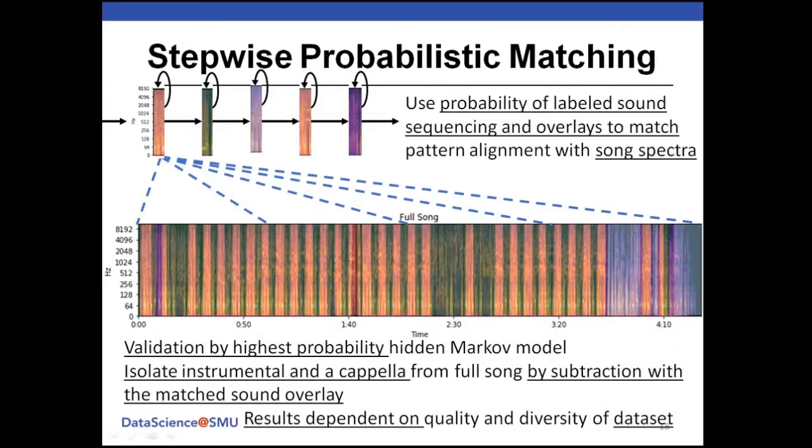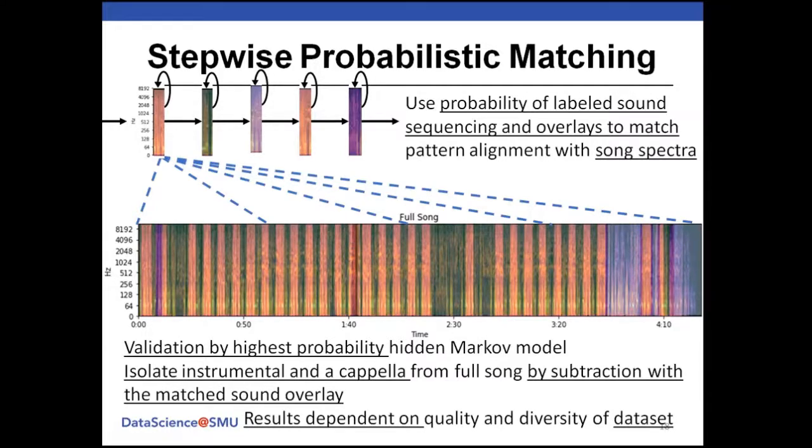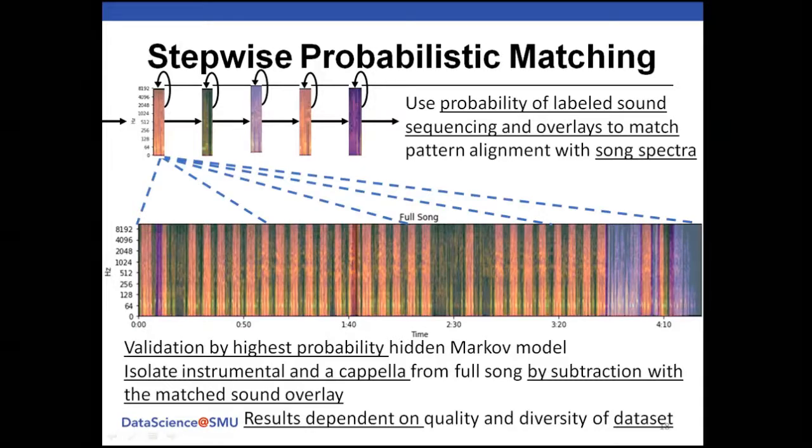But because it's a very high level way of transitioning, it's either a transition or an overlay, and the matching probability makes it a very high probability chance that it's this sound over that sound, and that's how you extract the different acapella from the different instrumental for a given time sequence.